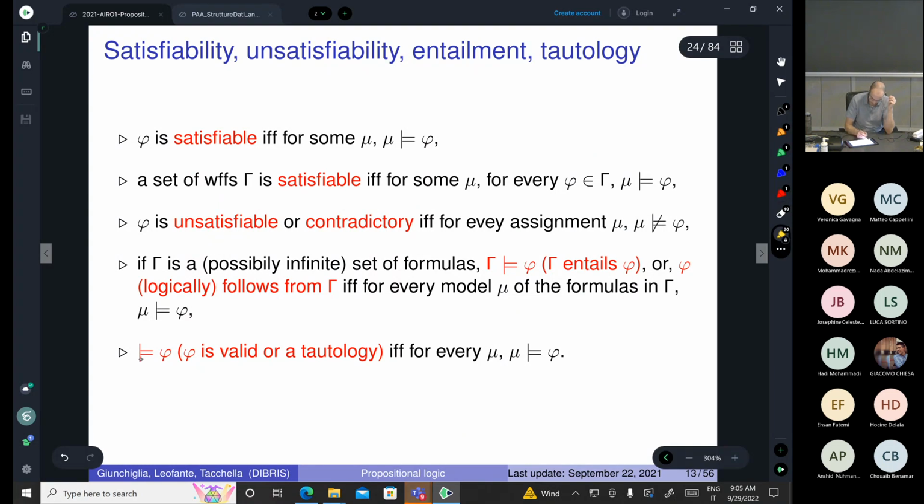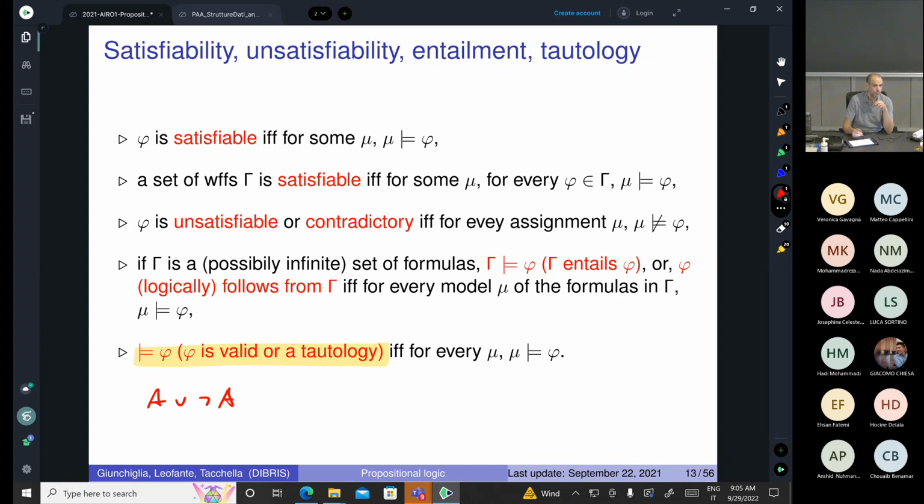This is the notion of validity. A formula is valid, or is a tautology, in propositional logic if every assignment satisfies it. Example: to be or not to be.